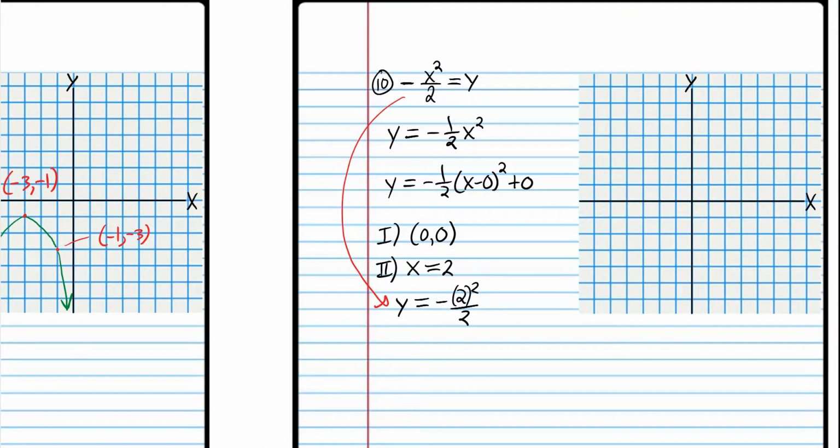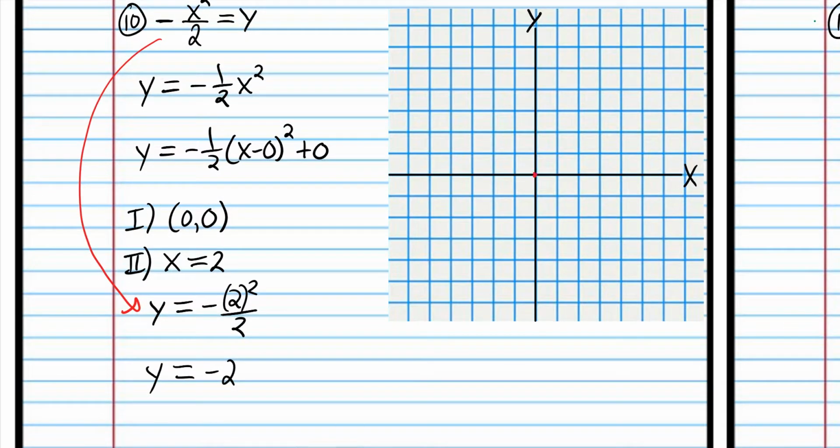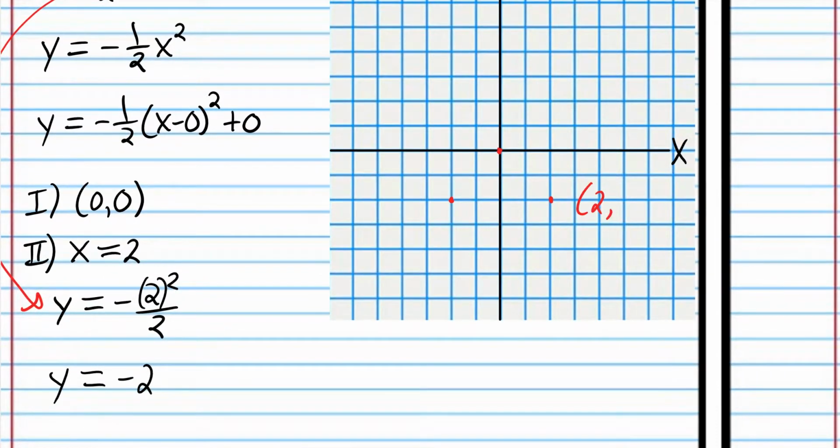And that ends up being negative 2. So 2, negative 2, and 0, 0, using symmetry. We have the following points, and we could just connect the dots, and we're done.